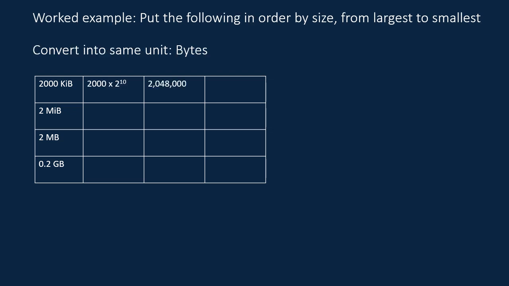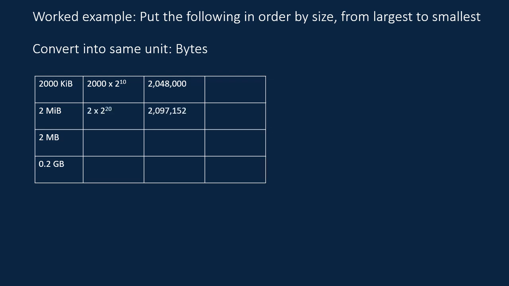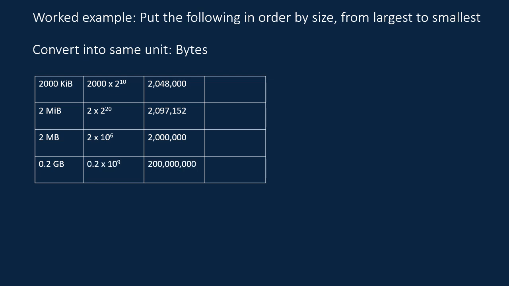So 2000 kibibytes is just over 2 million bytes. 2 mebibytes again is just over 2 million bytes, so it's slightly bigger though than 2000 kibibytes. Then we've got 2 megabytes, that's easy, that's 2 million bytes, and then 0.2 gigabytes is 200 million.